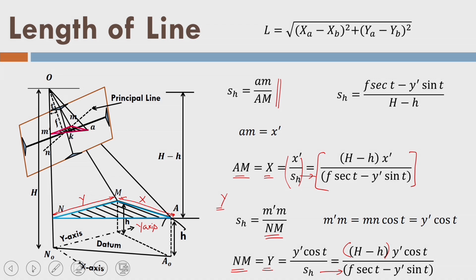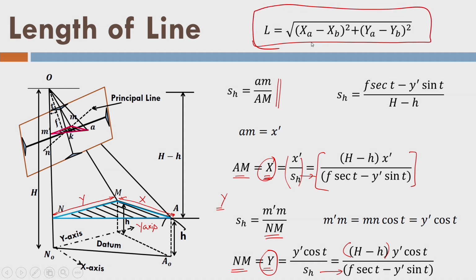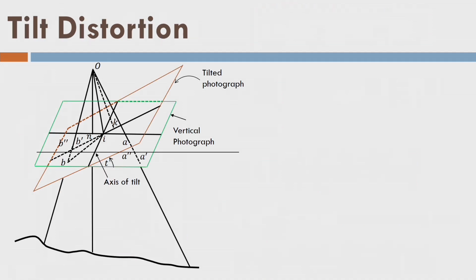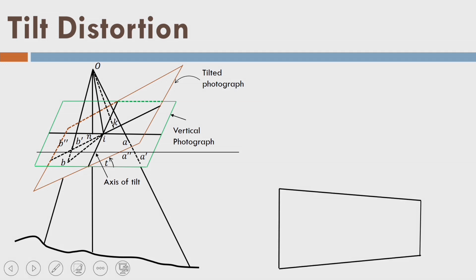Now, I can say what is the distance here for 2 points? Let us say you measure x, this distance for 1 point and y also for 1 point. Similarly, you also measure for point B and then you can find out the length on the ground surface is equal to this distance.